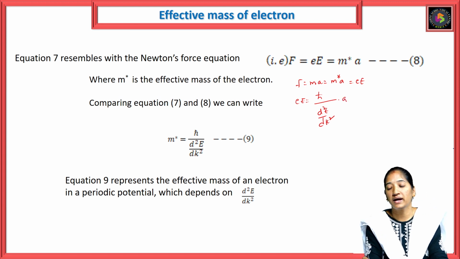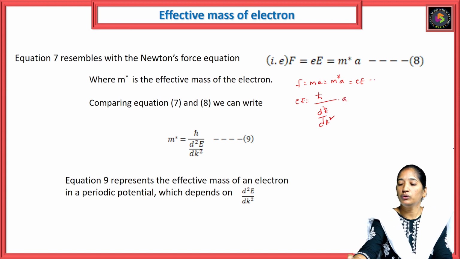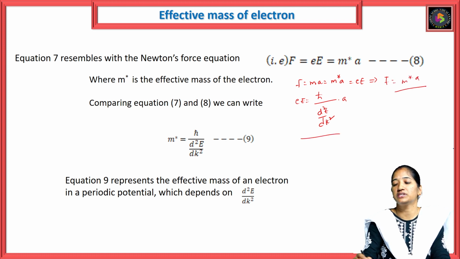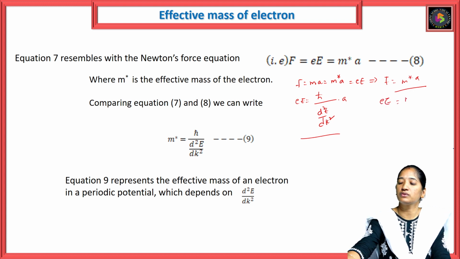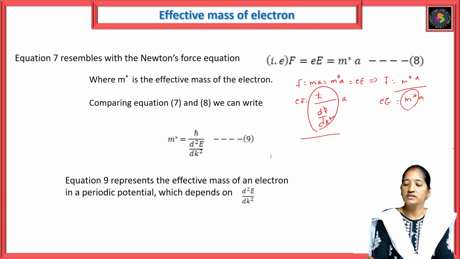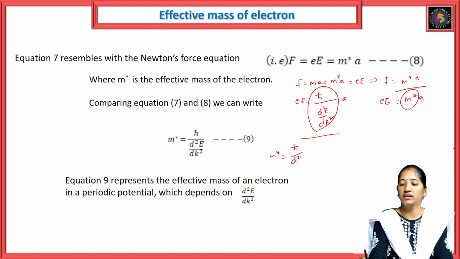We have to compare with Newton's force law, that is m star a. Just observe this equation: in the place of m star we have one value, that is m star is equal to h cross square by d square E by dk square.